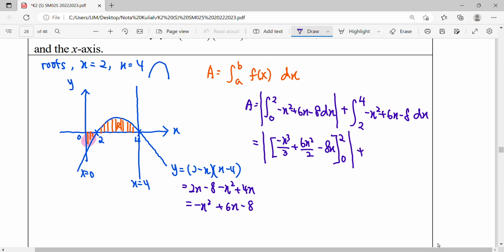Plus the other part of this region, again we integrate using the same formula, power plus 1 over new power, constant gives 8x, upper limit 4 and lower limit 2.